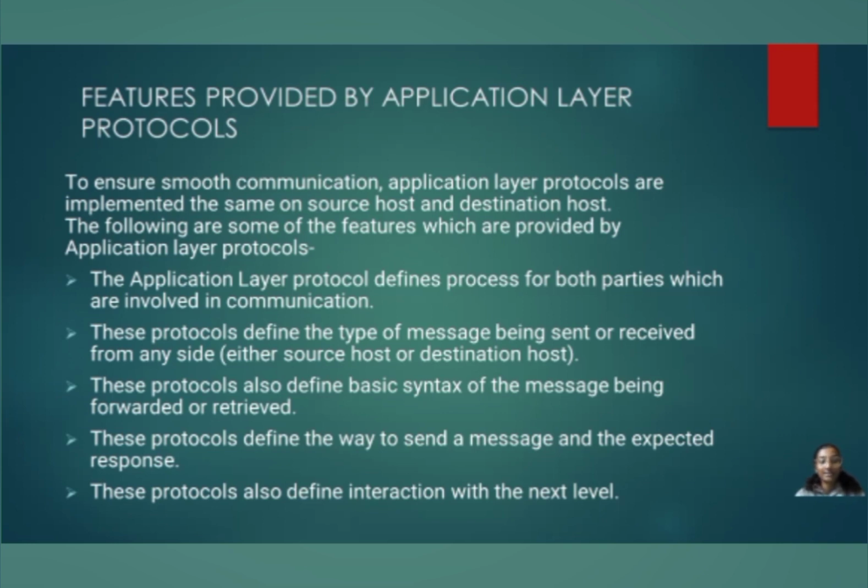These protocols define the type of message being sent or received from any side, that is either the source host or the destination host. These protocols also define the basic syntax of the message being forwarded or retrieved. These protocols define the way to send a message and to accept a response. These protocols also define interaction with the next level.